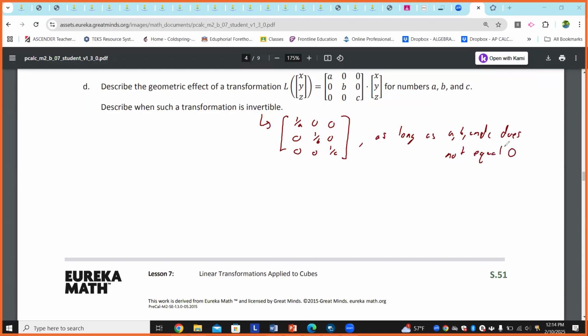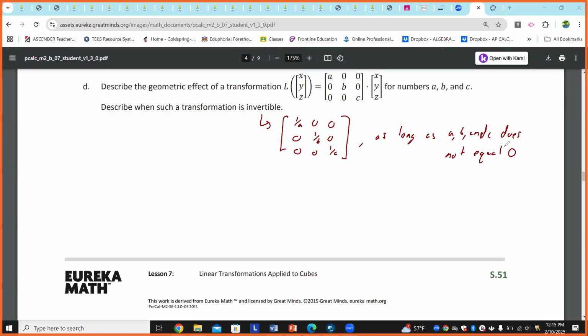If either one of them was to equal 0, then it's not invertible. You can find an inverse to bring it back to 1. That's 1 over A, 1 over B, 1 over C. That's an arrow showing that it's invertible if this happens. So you can write it like this as long as A, B, and C do not equal 0. Because if it does, we just saw that it was false.